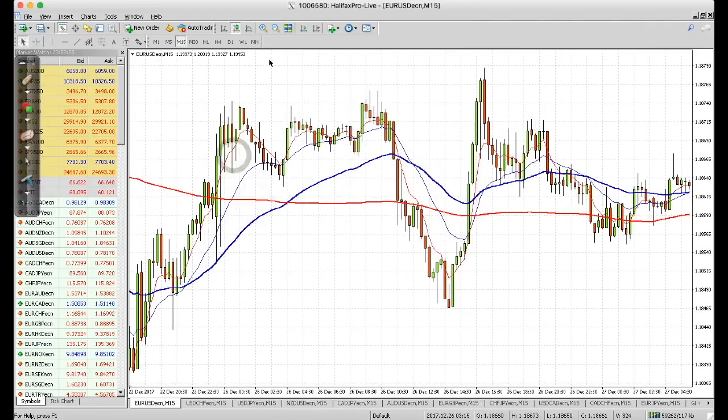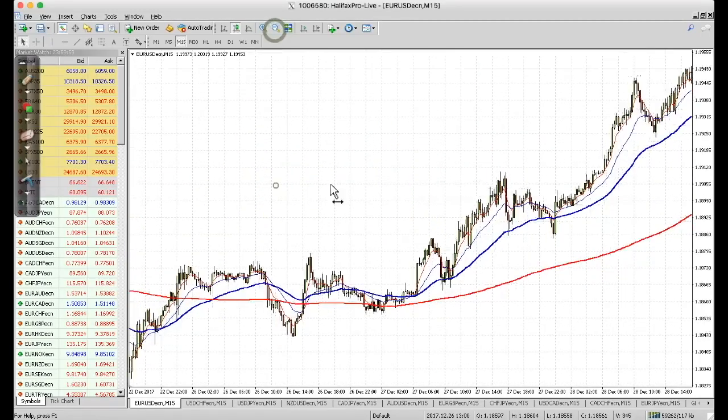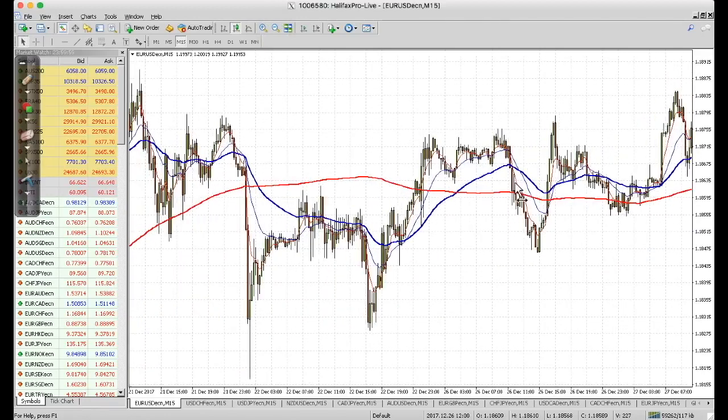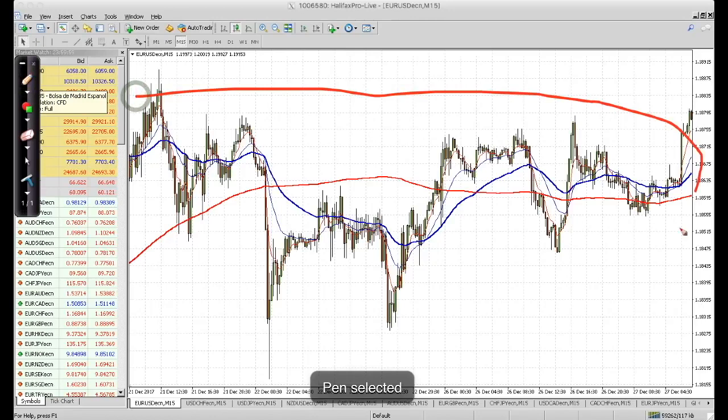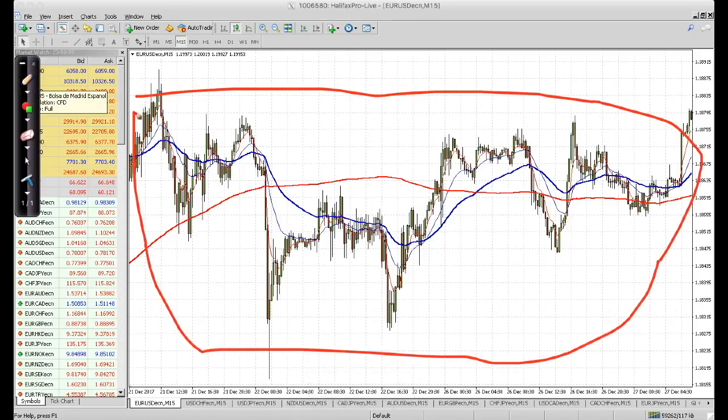Now over here, let me zoom out a bit. Okay, over here, this portion here, can you see that it's no longer on a clear trend? It's no longer on a clear uptrend or a clear downtrend. And a clue is when the moving averages are not sloping up nicely or not sloping down nicely.